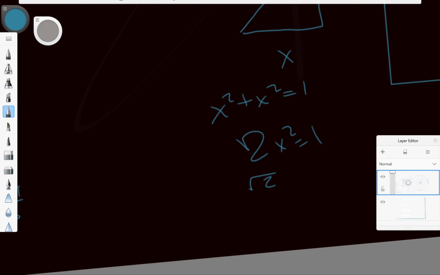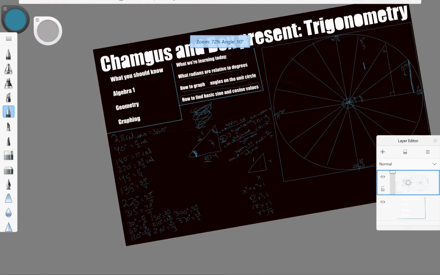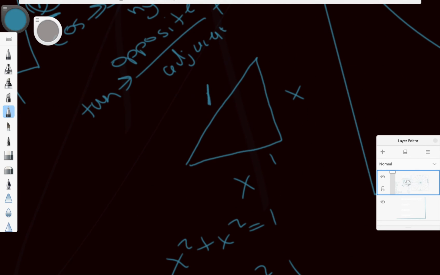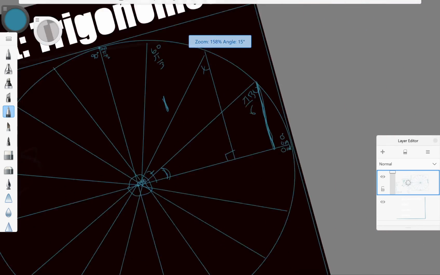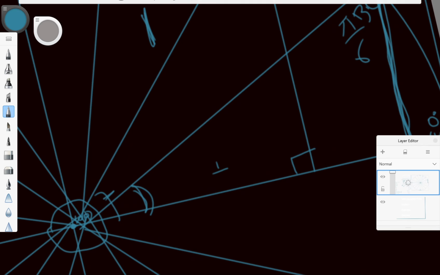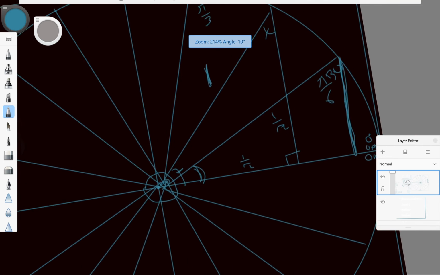Root 2 x equals 1. X equals 1 by root 2. So that means this value is 1 by root 2. This is also 1 by root 2. Of course, we're trying to find the cosine and sine.